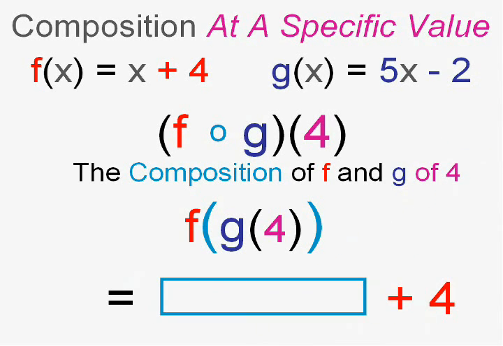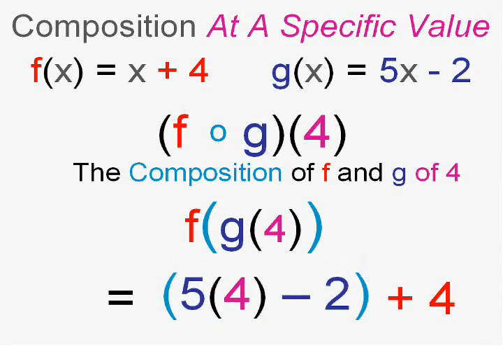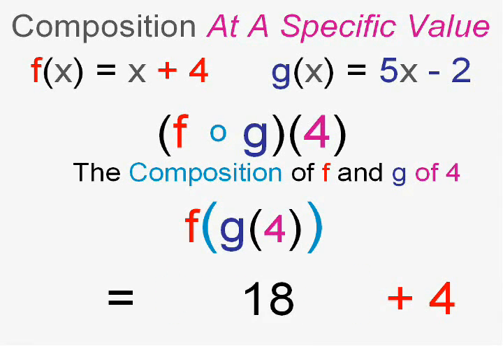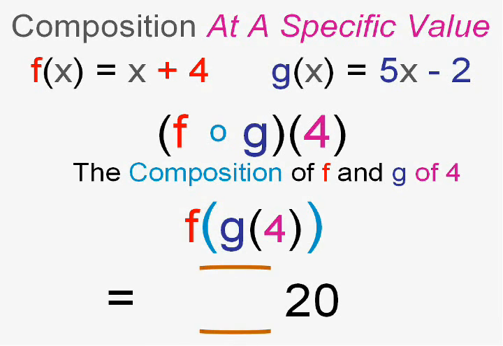So here's the f function, and instead of x, I'm going to place in g of 4. Notice I took the g function and put in 4 instead of x. Now if I simplify everything, I'm going to get 18 there, and adding 4. So the composition of f and g at 4 is 20.